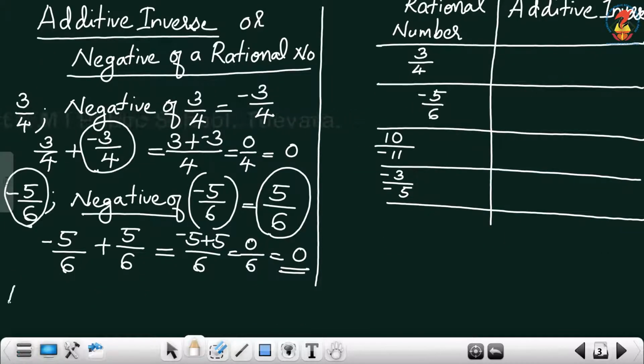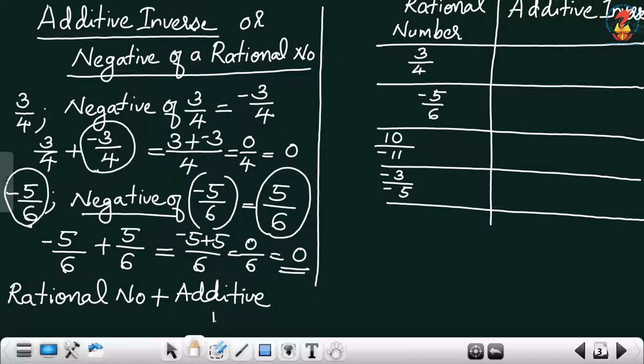Then a rational number plus its additive inverse is equal to 0, the additive identity.